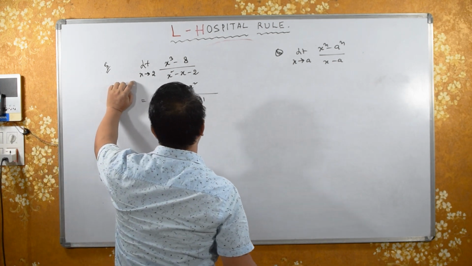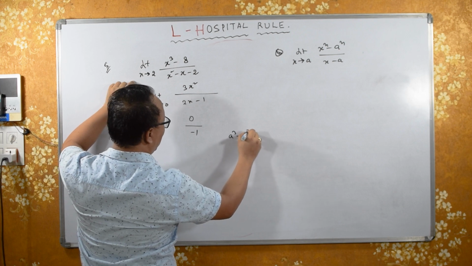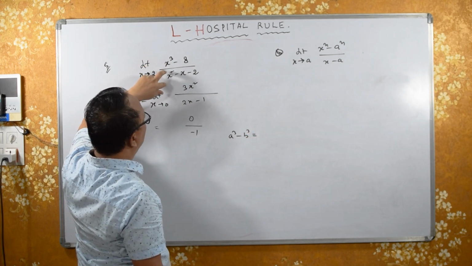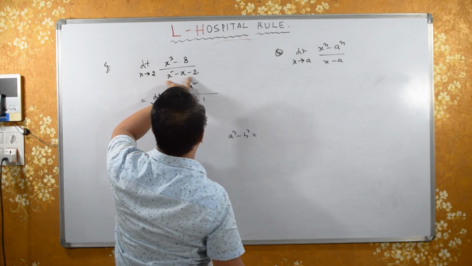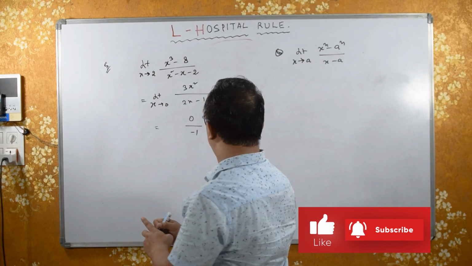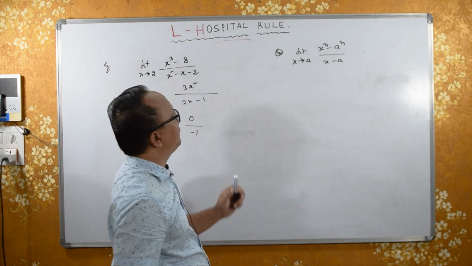Otherwise, what we can do is apply a cube minus b cube over here, or you can split the middle term, but it will be more complicated. Let's keep it like this.